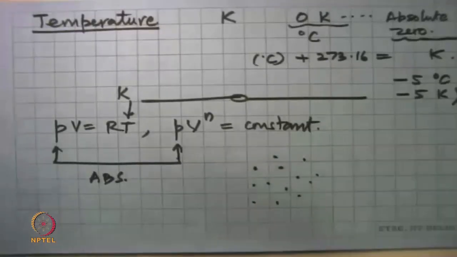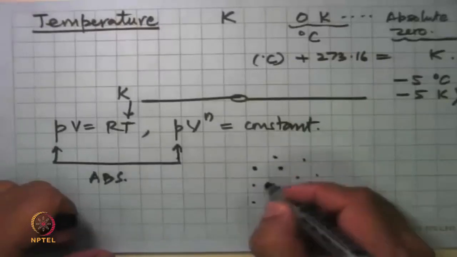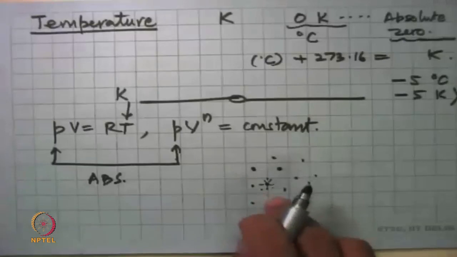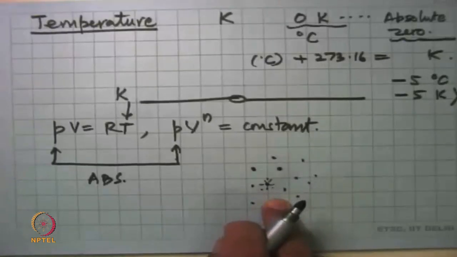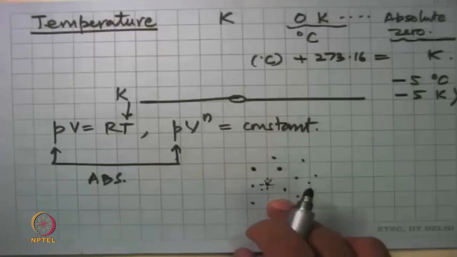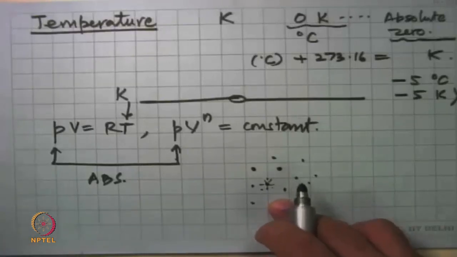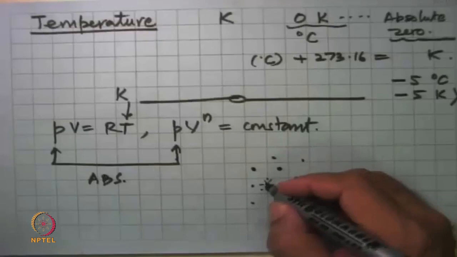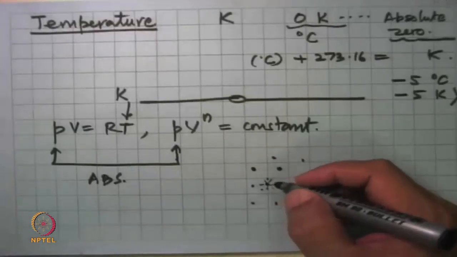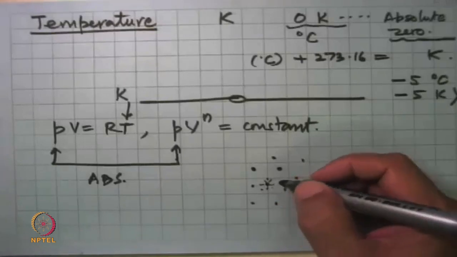Intermolecular forces are quite strong, but each one of these is vibrating and oscillating around its mean position. So in a solid, the atoms or molecules are not stationary, they are vibrating, and the energy associated with that vibration or rotation is what we assign as a number related to temperature.